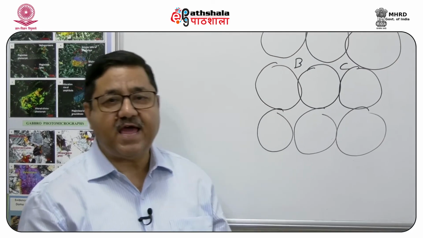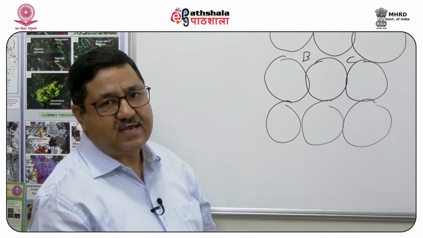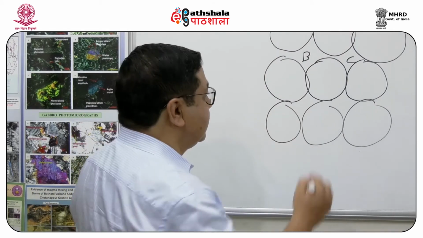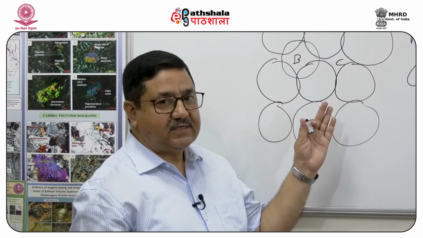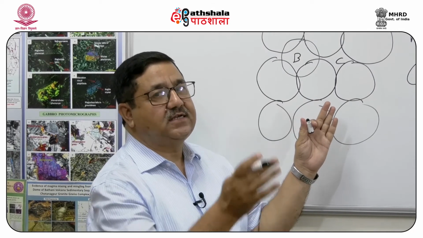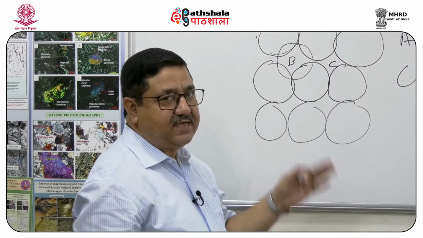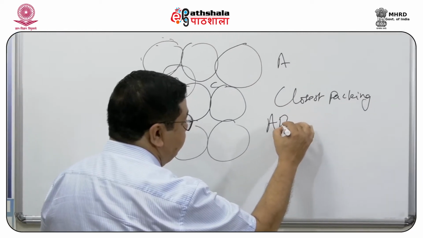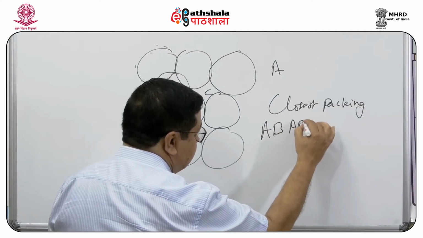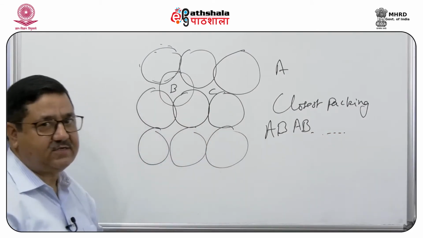Now, we can have a situation where the second layer is placed over the vacancy position B, and if after the second layer the third layer is again placed over A, then it leads to an arrangement where there is a repeat of AB layers subsequently, and it becomes an ABAB kind of arrangement.